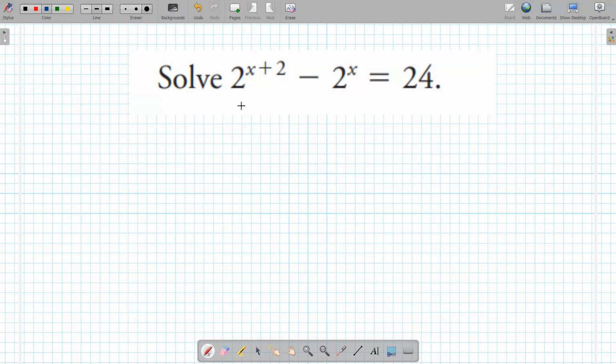It has something to do with the exponential law, like this one. I want to split apart the x plus 2. You can do 2 to the power of x times 2 to the power of 2.